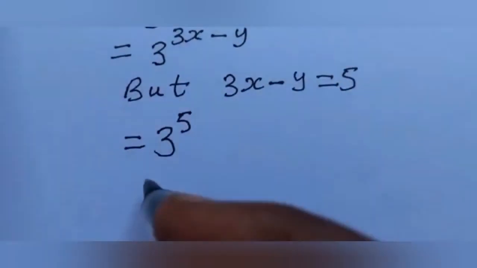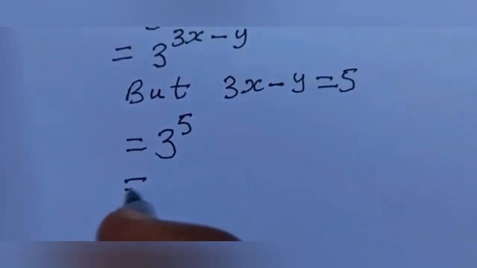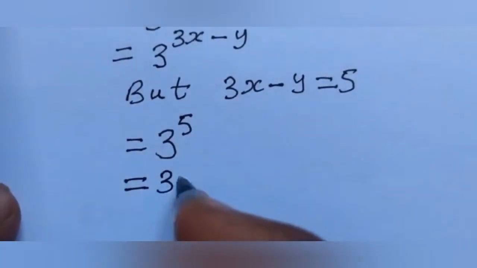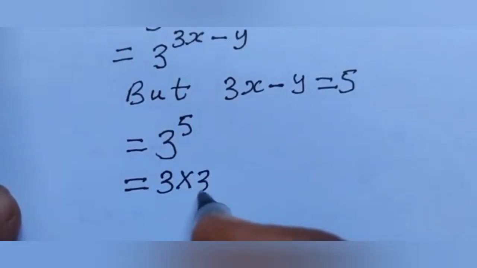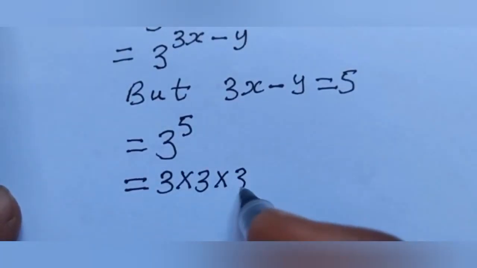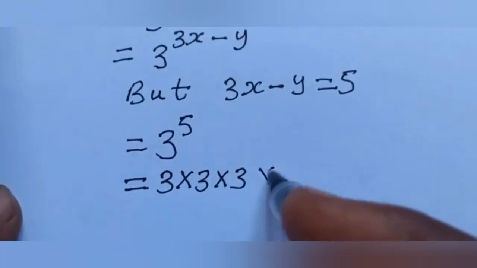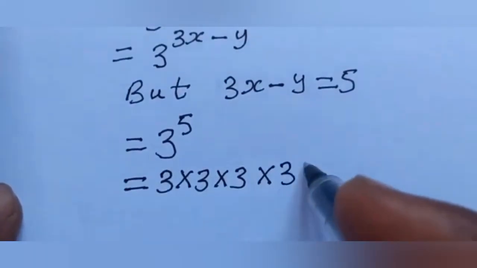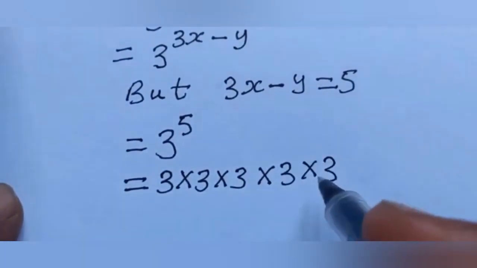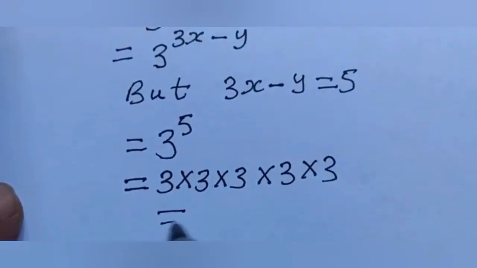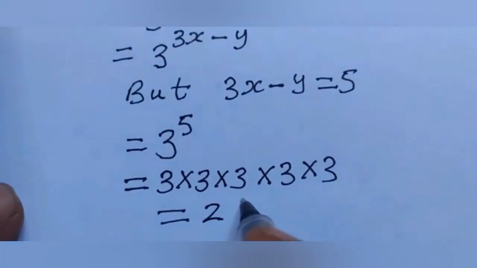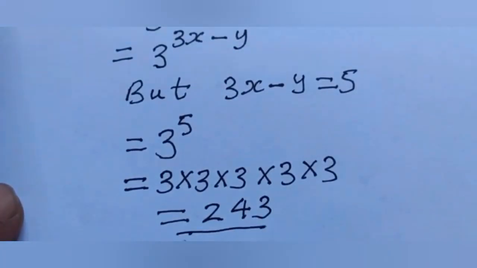This is the same as to write 3 times 3 times 3 times 3 times 3, which is equal to 243. This is our answer.